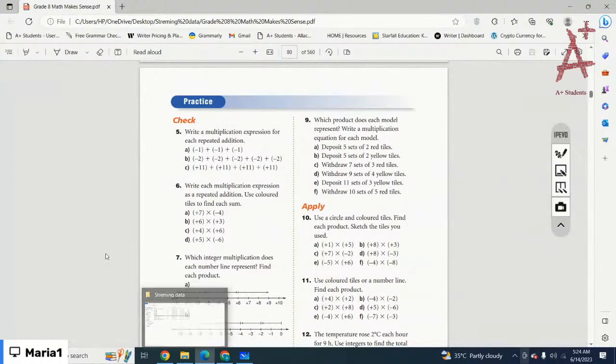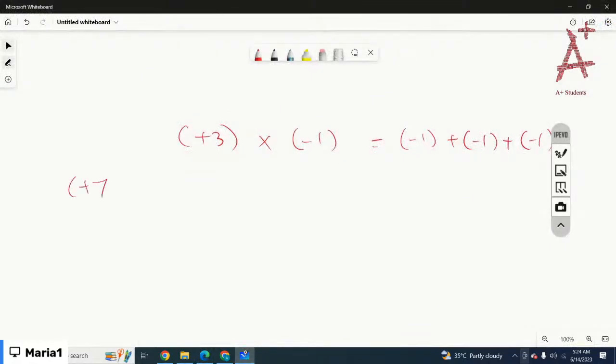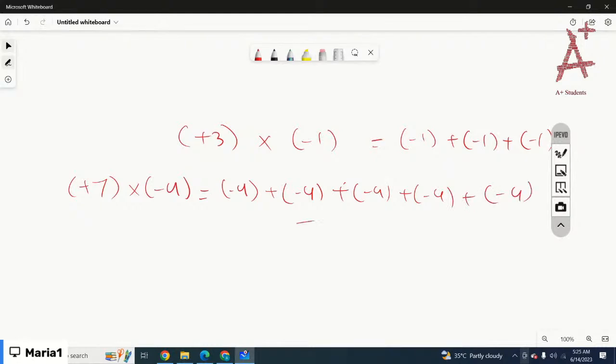It would be positive 7 times -4. That means you can add -4 seven times, like -4 plus -4 plus -4 plus -4 plus -4 plus -4 plus -4. If you add them together, it has the same answer as positive 7 times -4. Got it?